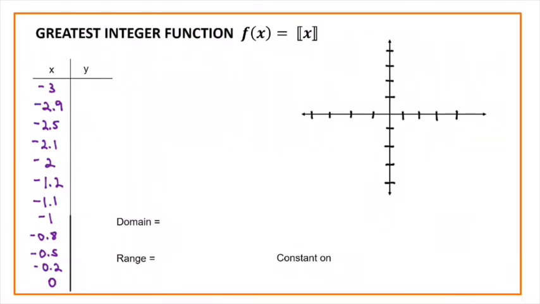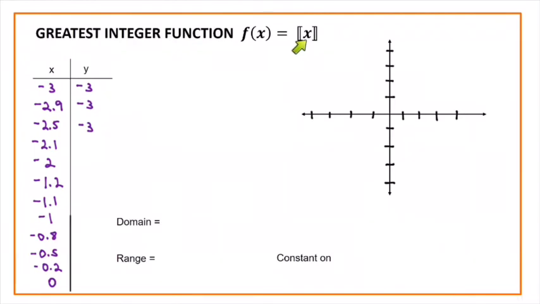So if I plug in a -3, the largest integer that is less than or equal to -3 is of course -3. If I plug in -2.9, the largest integer that is less than or equal to -2.9 is also -3. And the largest integer that is less than or equal to -2.5 is also -3.